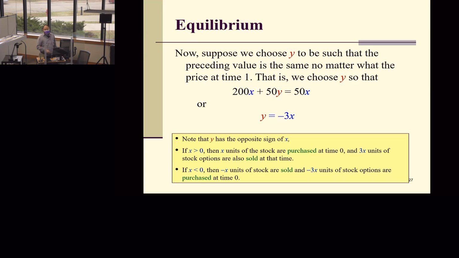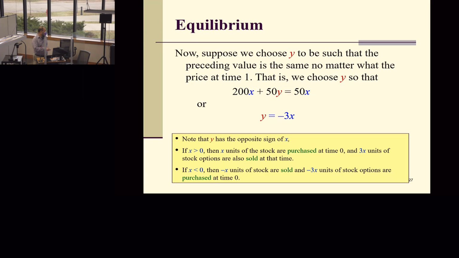We're trying to find a so-called robust solution. We call that equilibrium. Equilibrium means no matter what the outcome stock price in the future is, we're going to set the two outcomes equal. And we see the relationship between X and Y. The result is Y equals negative 3X, meaning X, the stock purchase or sale, has to be the reverse operation of the option.